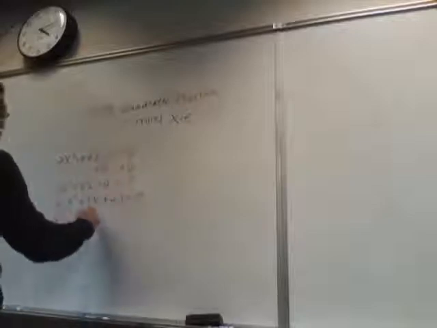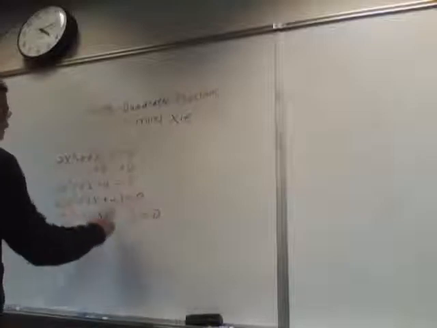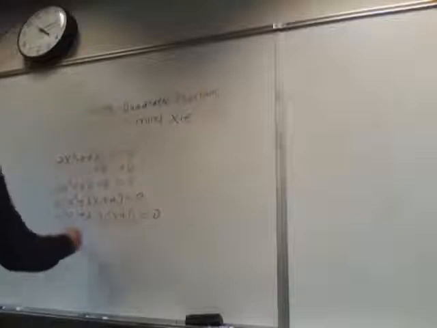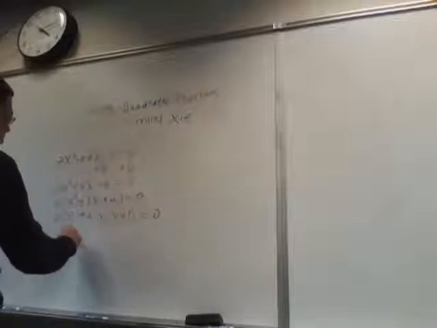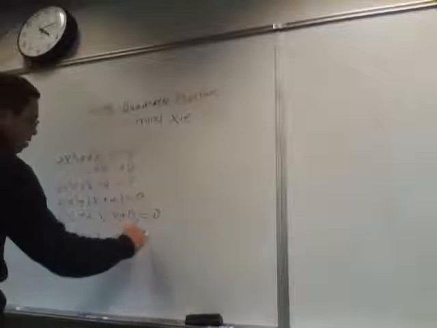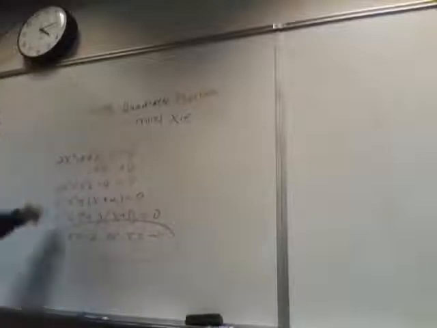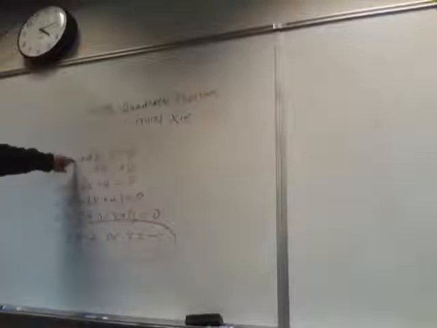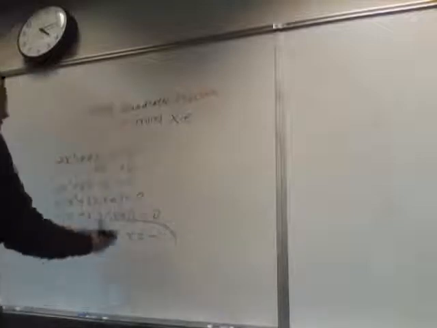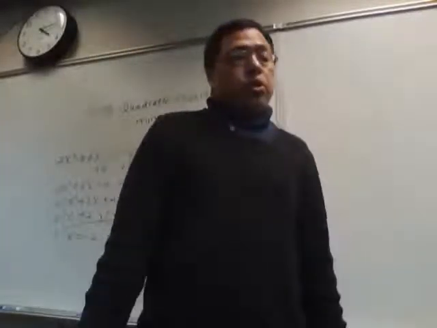And then we get the two factors equal 0: x plus 2, x plus 1. So x equals negative 2, or x equals negative 1. So we got two options, because it's a second degree polynomial. So that's very simple, that's equations.